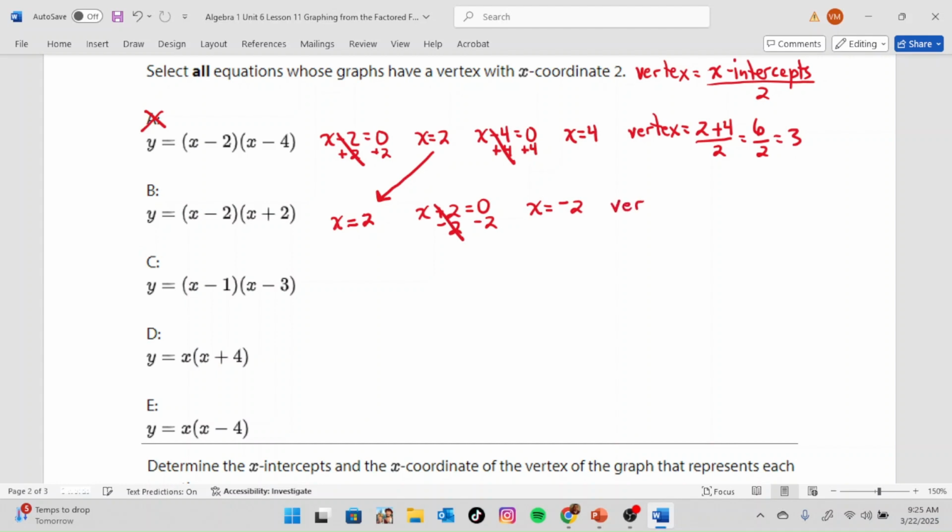To find my vertex, I'm going to say 2 plus negative 2 divided by 2. 2 plus negative 2 is just 2 minus 2, which is 0. And 0 divided by anything is 0. So the vertex here would be at 0, not at 2. So B is also incorrect.